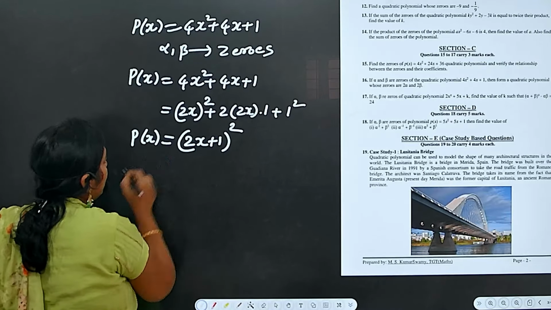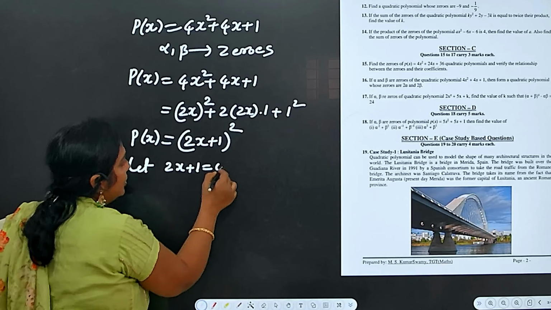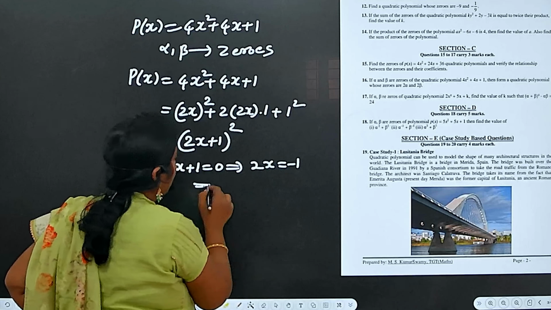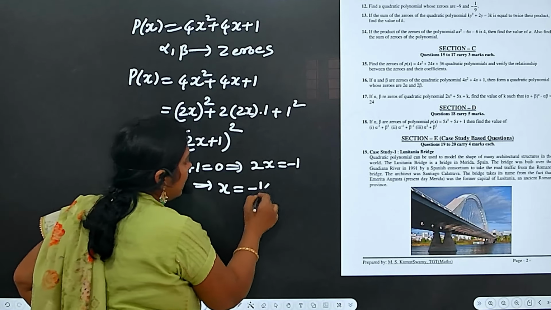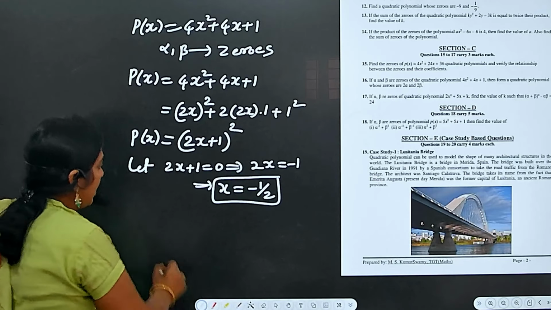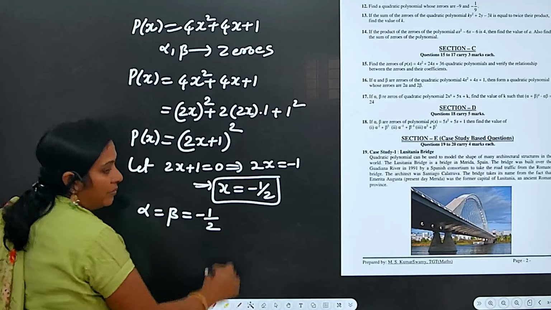So what are the zeros here? Take 2x plus 1 equal to 0. From this 2x equal to minus 1, x equal to minus 1 by 2. Here also zeros are repeated. Alpha equal to beta equal to minus 1 by 2.